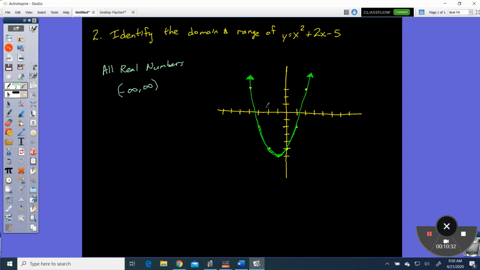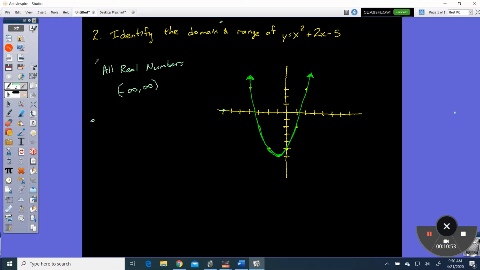Okay? So that's saying that I could find some x value out here, and it's going to have some point up here that's going to show up on this graph. And I could be way out yonder, and I could come up here, and there'd be some point on that graph. And I could go way out here, and I'd have to go way up there.